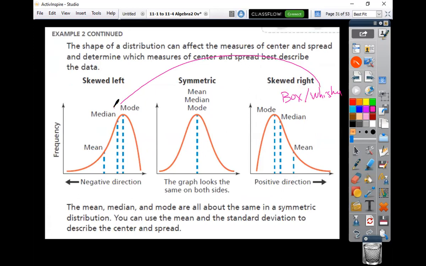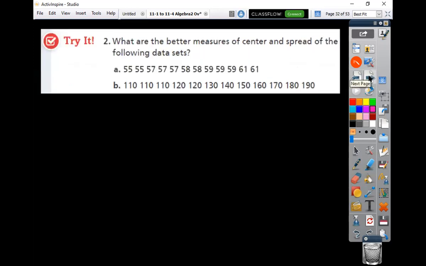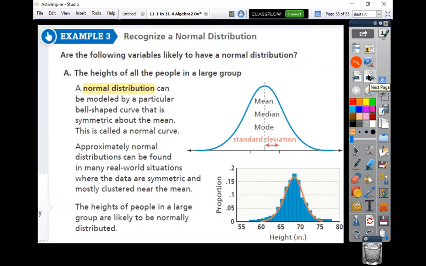And then if we were using this one, we're going to be sticking to the mean and the standard deviation, because if you go out one standard deviation on each side, that gives you 2/3 of your data between there.